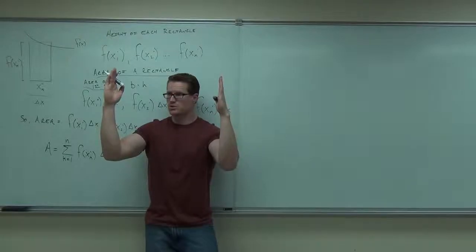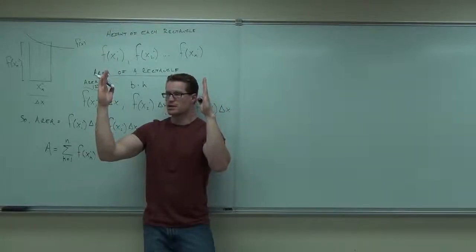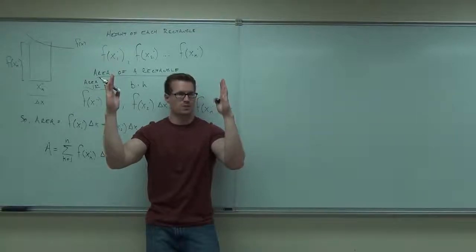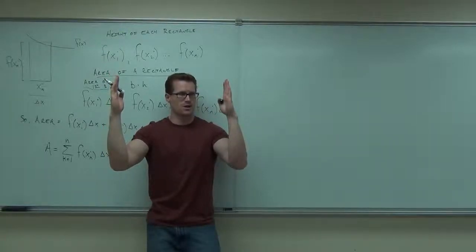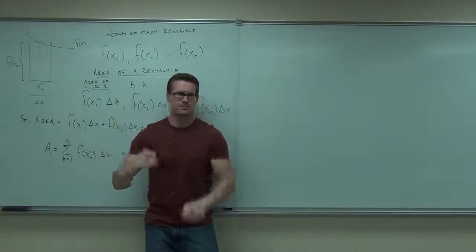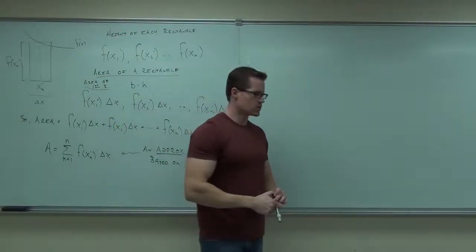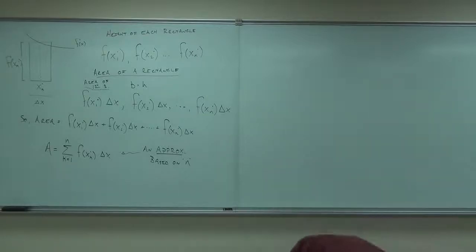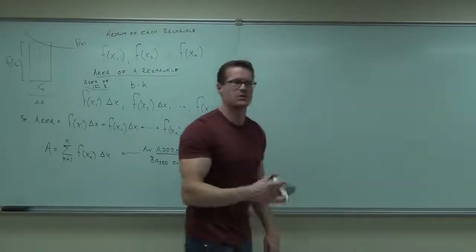If I had close to infinity of them, probably the best we can get. In fact, it'd be so good there'd be no difference between the area under the curve and the area of my rectangles added together. That's the concept of a limit. Haven't we covered the limit before? It says if I let my n go to infinity, that changes this from an approximation to an exact thing.